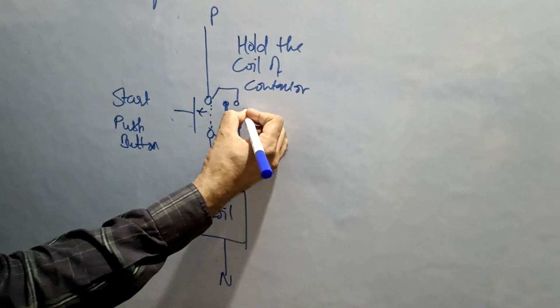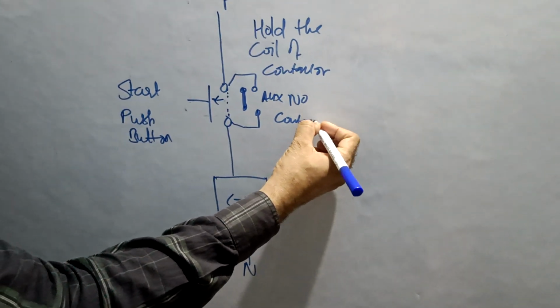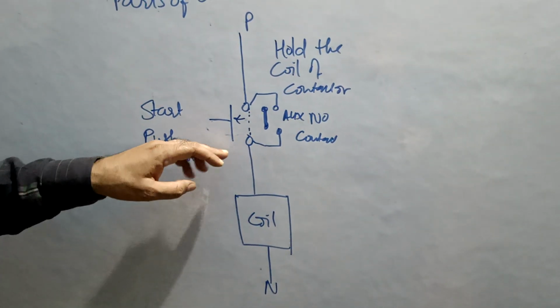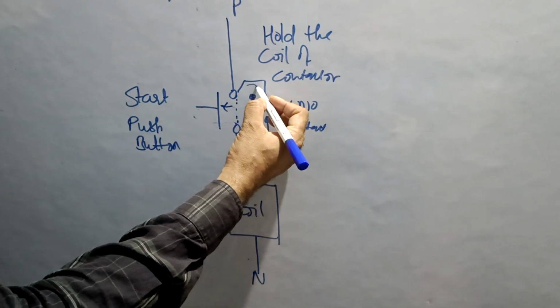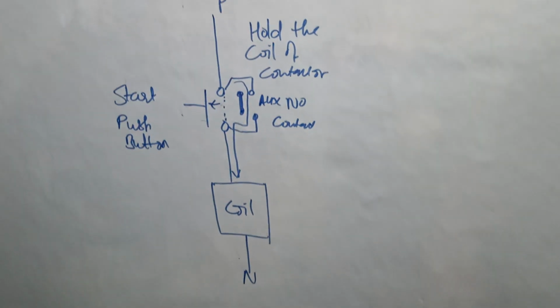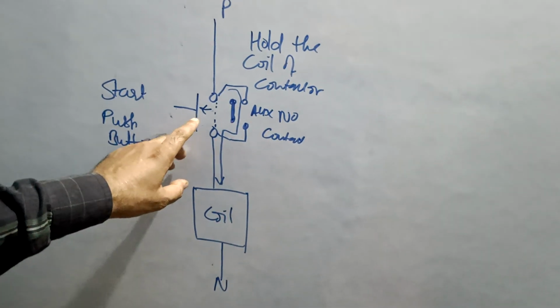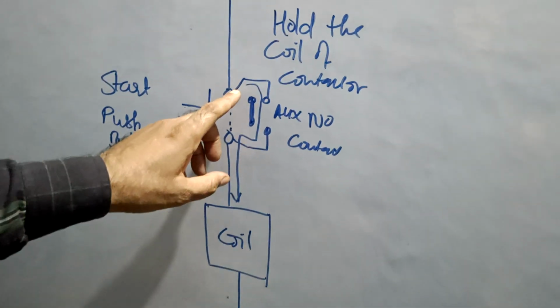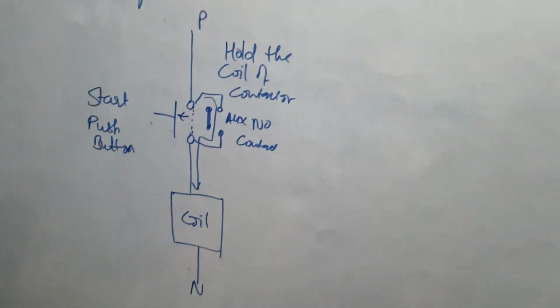This is the auxiliary NO contact, so that when the push button goes back after switching on the contactor, supply will continue from here and contactor will permanently stay on. To make the hold of contactor, I am giving a parallel contact of start push button to the auxiliary contact of contactor.